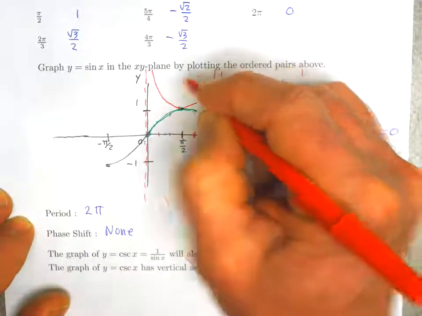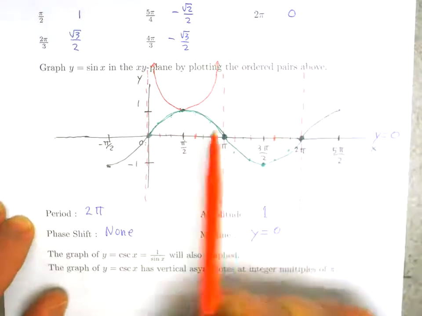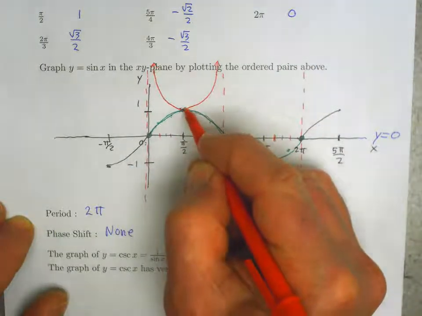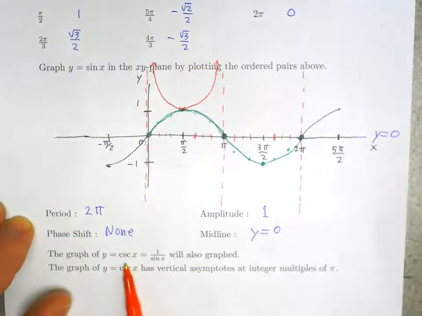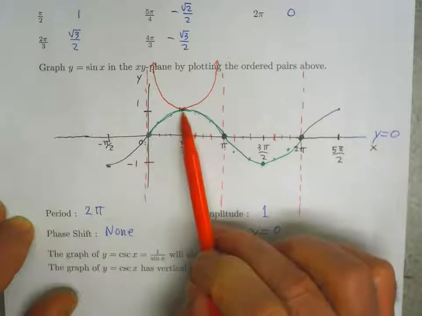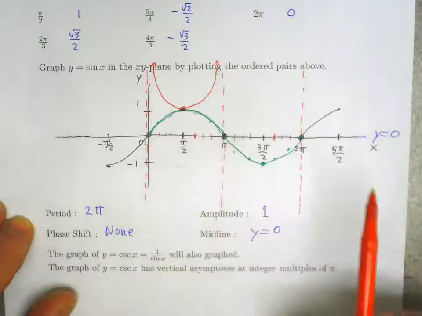The graph is going to be asymptotic to those vertical asymptotes, and the reciprocal y equals cosecant of x intersects y equals sine of x at exactly 1 point on that interval.